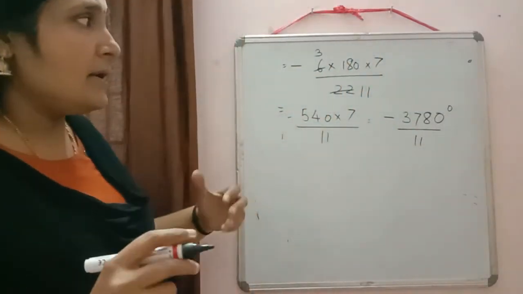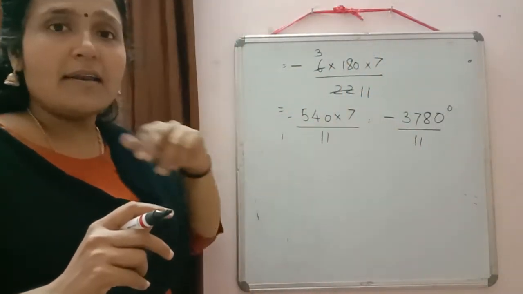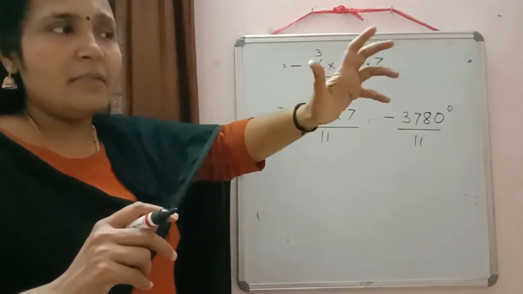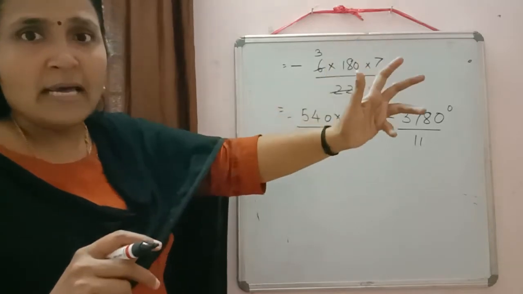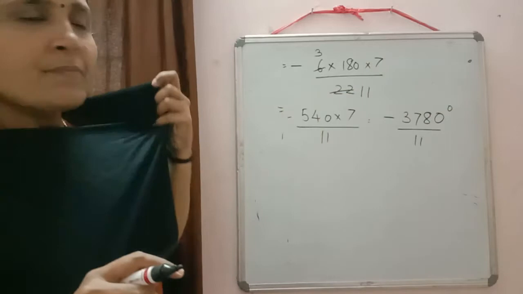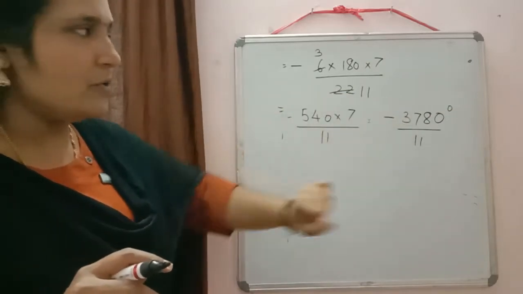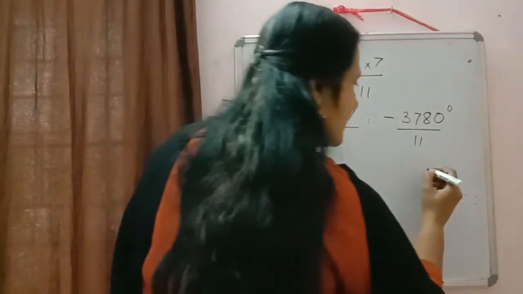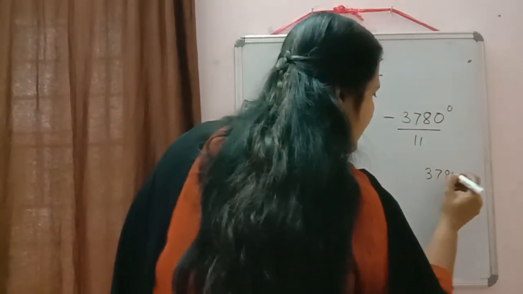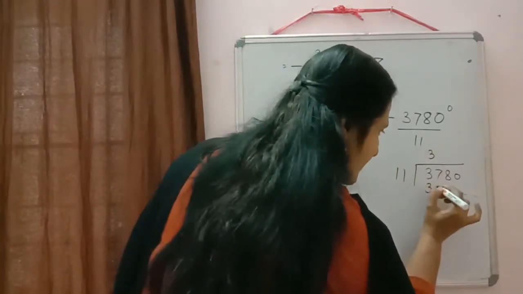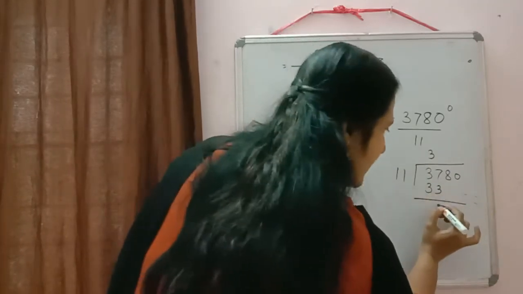Correct? But normally angles we do not write in this way. We know each degree is divided into minutes, and each minute is divided into seconds. Now we are going to convert into minutes and seconds. For that, divide the given number by 11. I am showing you the division here. 3780, I am dividing it by 11. 11 3s are 33. 7 minus 3, 4.